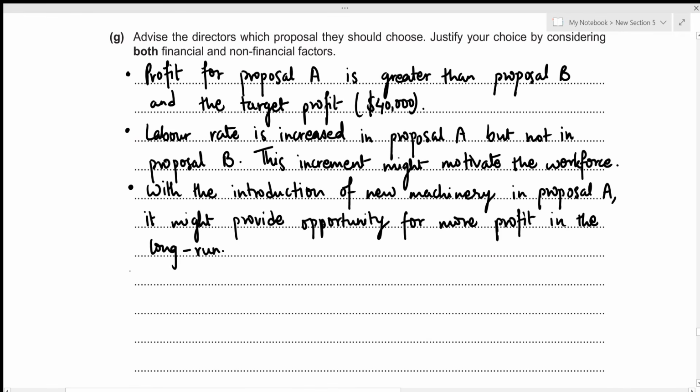Nextly, what we can consider is the labor hours, right? Because labor hour for proposal B has decreased drastically from 90,000 to 76,000 hours. So what impact does that have on the company? We can also list it down.